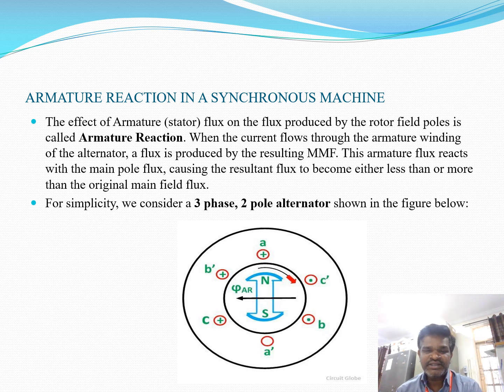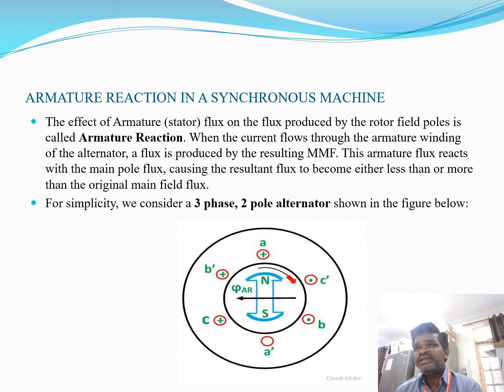That flux is called a resulting MMF or magnetomotive force. This armature flux reacts with the main pole flux, causing the resultant flux to become either less than or more than the original main field flux.